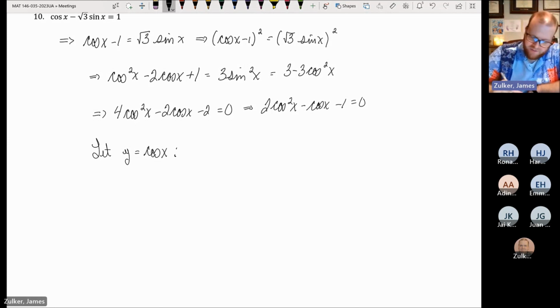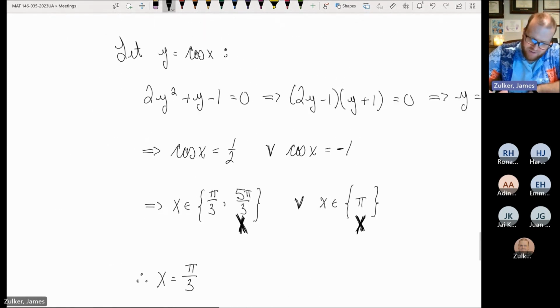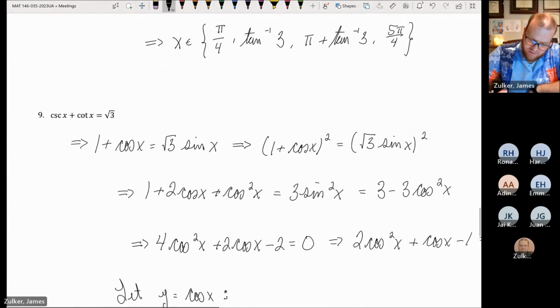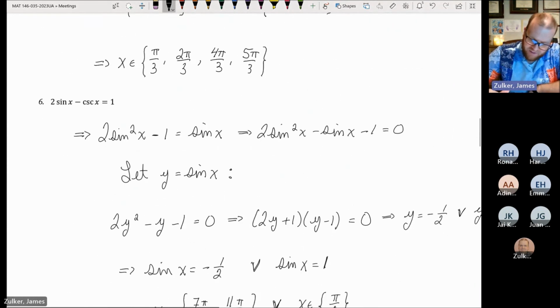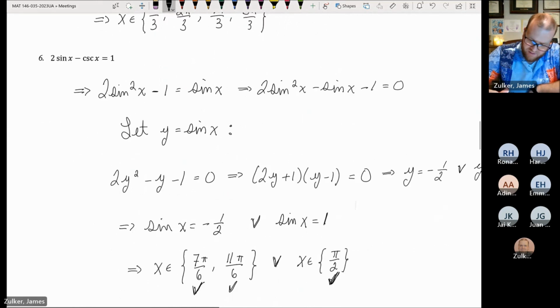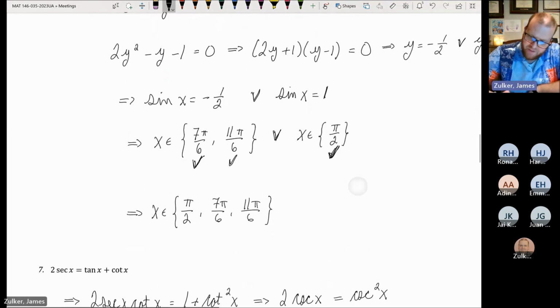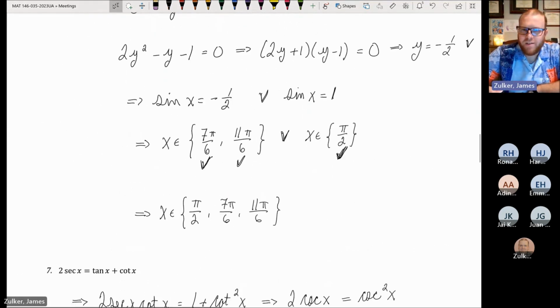Do a change of variable. So we can write this as 2y squared minus y minus 1 equal to 0. Now that was one that we did solve. That was the one that was up here. Yep. So we got y is negative 1/2 or 1.